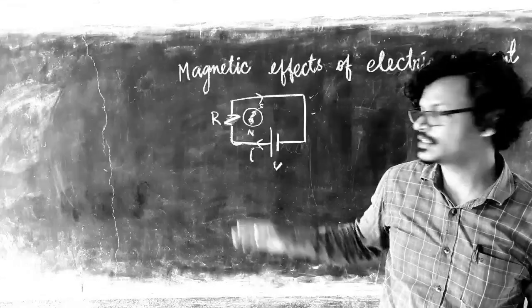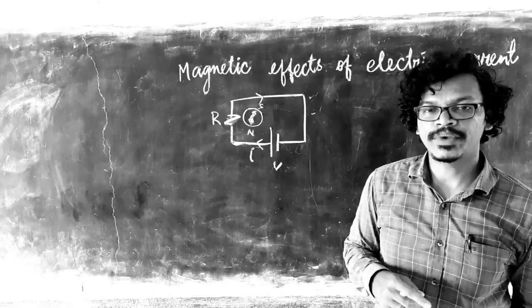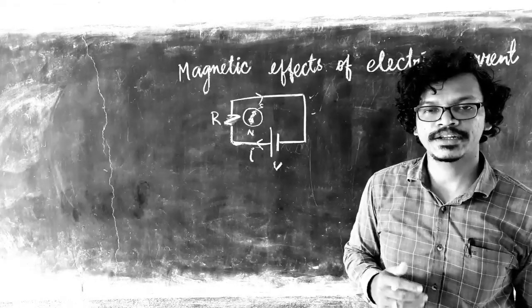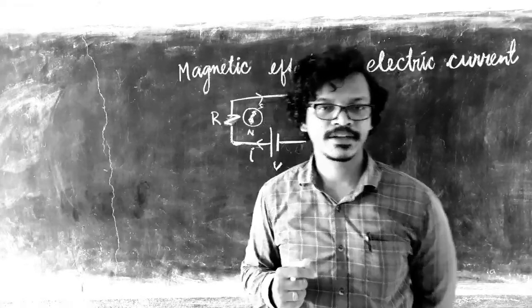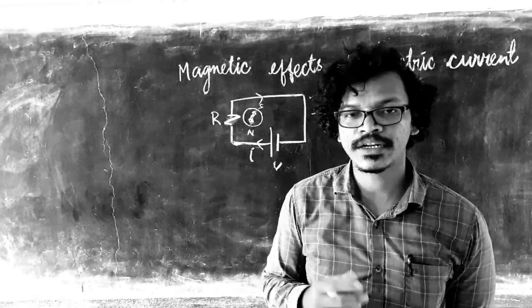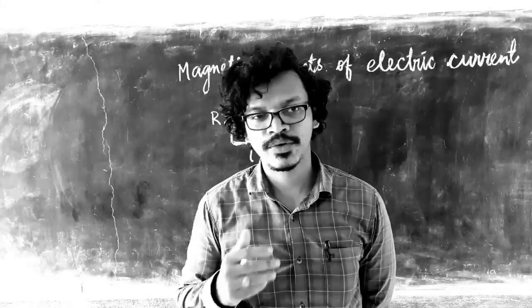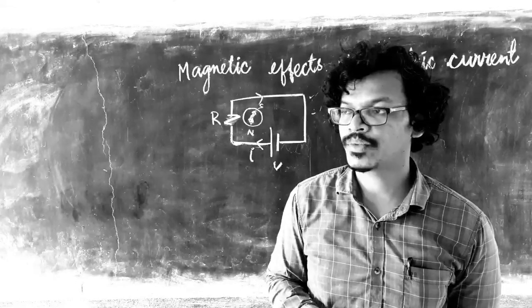We can conclude that whenever there is a current in the wire, a magnetic field is generated, and due to that magnetic field, this magnetic compass deflected. So we will see the magnetic field due to a current carrying wire.